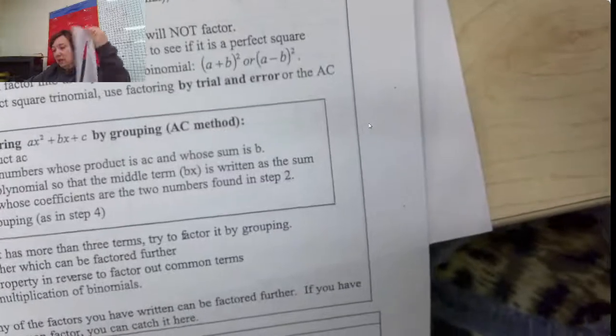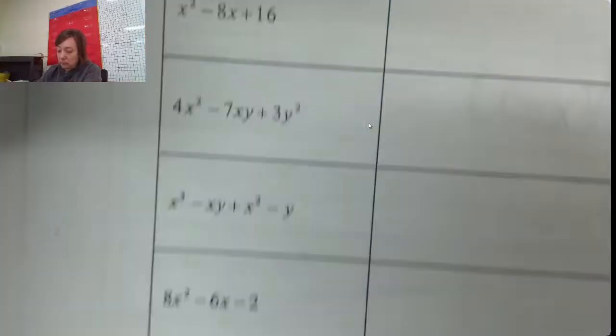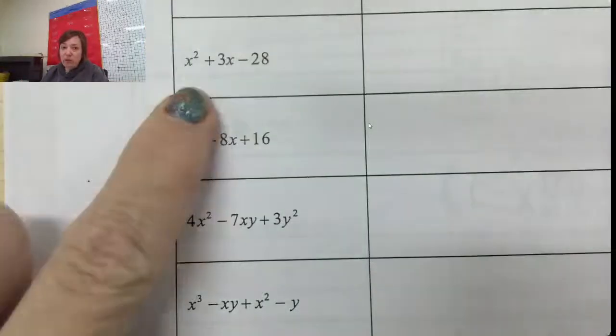Okay, so if we look at number, let me see. I wish I had numbered these before I printed 60 copies of it. Let's look at this one. We'll do these two right here. Let's do one of them.